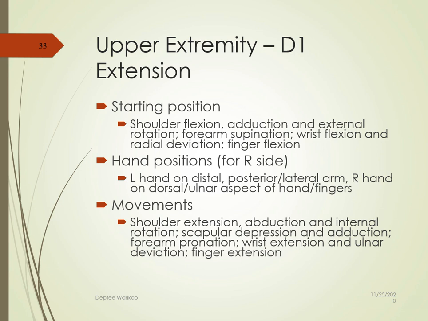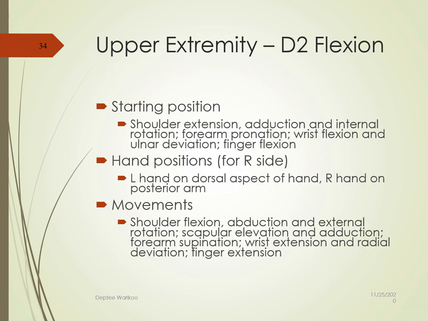Scapula in depression, adduction, downward rotation. Elbow in flexion or extension. Forearm in pronation. Wrist in extension, ulnar deviation. And fingers in extension and thumb in abduction. That is the end pattern for your D1 extension.